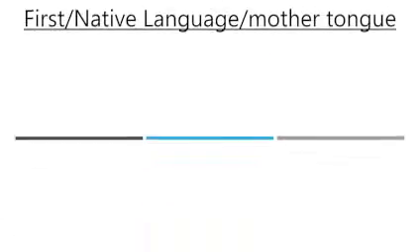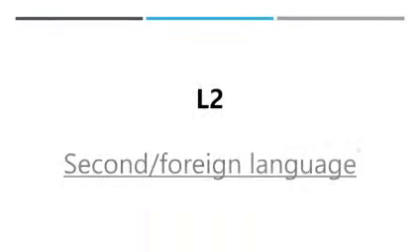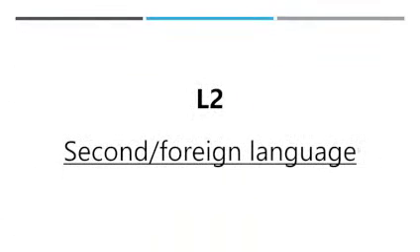Now, next, then, after L1 is L2. L2 is simply second or foreign language. We have talked about L2. Now, L2 is a general word or a general acronym for second language or foreign language, but it can also be L3, L4, L5, and L6.